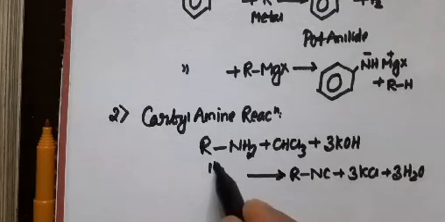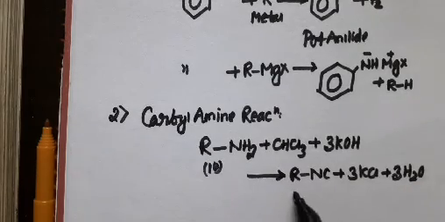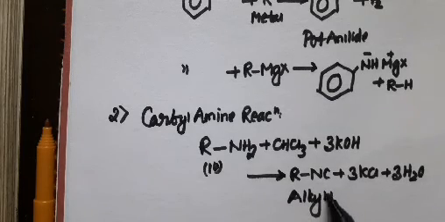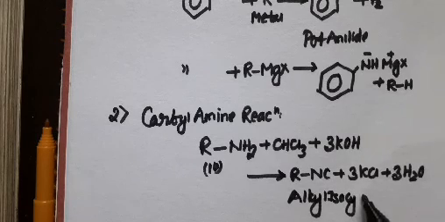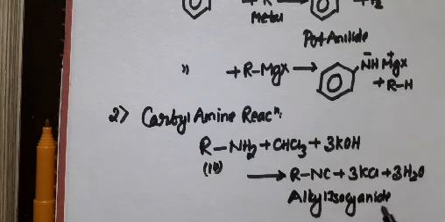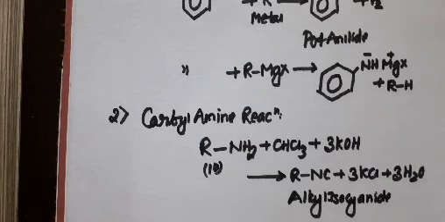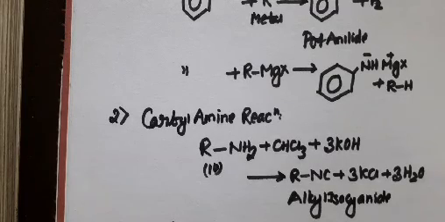This is a 1 degree aliphatic amine, and RNC stands for alkyl isocyanide, and it is detected by its pungent smell. In case of aromatic amine, we use this type of structure.